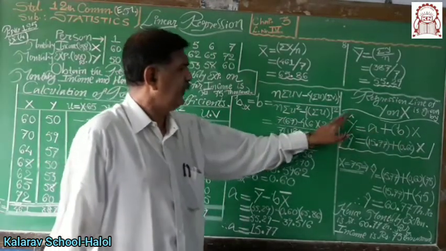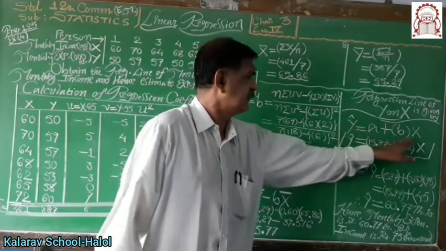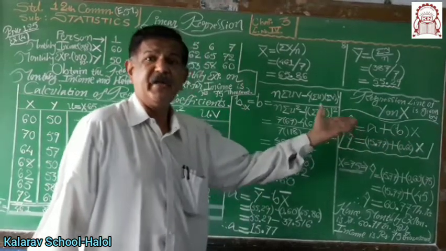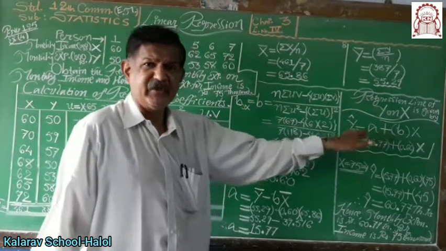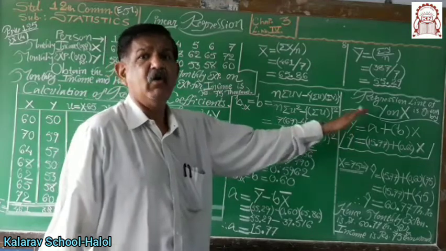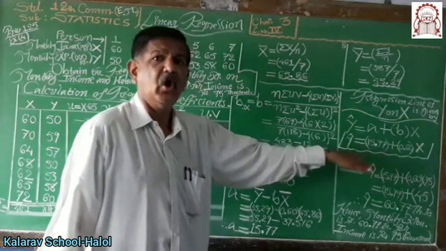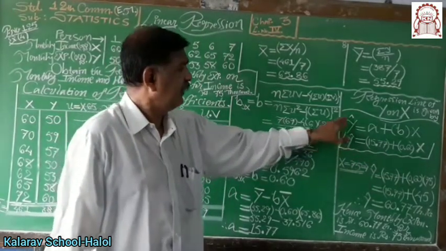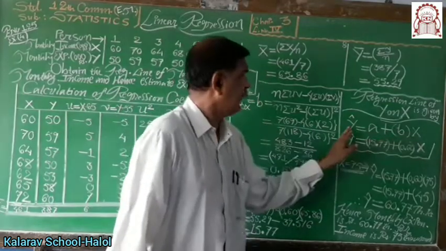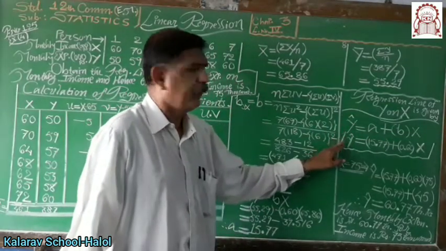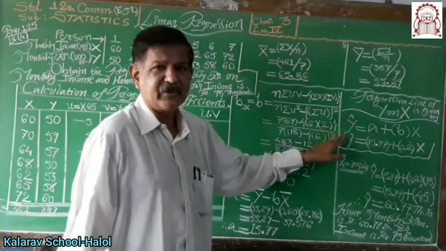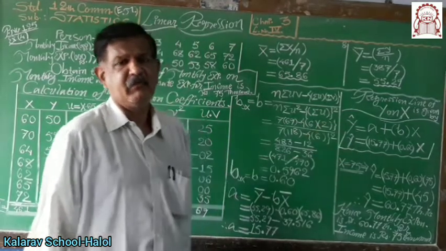Y is dependent, x is independent. Y depends on x, and that is why this line is known as y on x. Y cap means the estimated value of y.